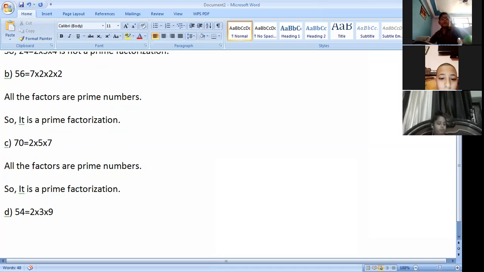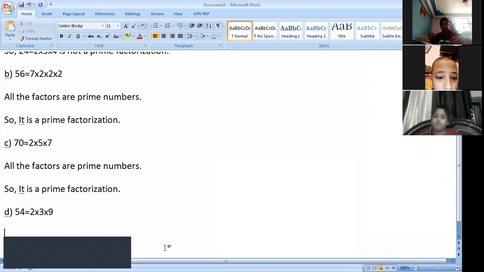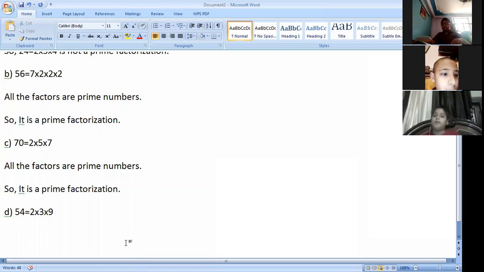Ishpreet, unmute yourself. Tell me, 54 is equal to 2 multiply 3 multiply 9. Are all these numbers prime factors, prime numbers or not? Tell me, beta.